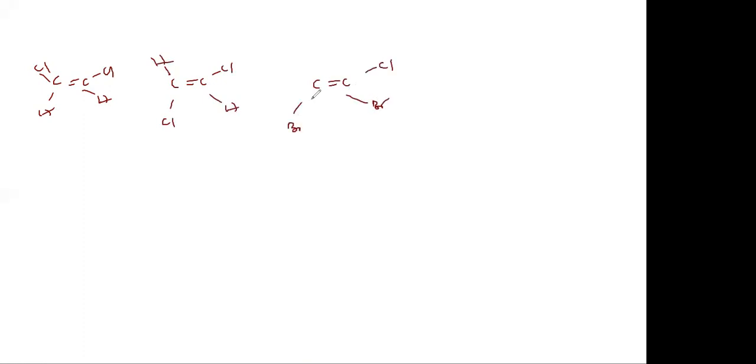Okay, I will give few examples, so that you can write down: Cl, H, H, Cl with C double bond; Cl, Cl, H, H with C double bond; Br, Br, and Cl with C double bond CH3; CH3, H, H, CH3; then C double bond with COOH, H, COOH, H. No need to write down the name.